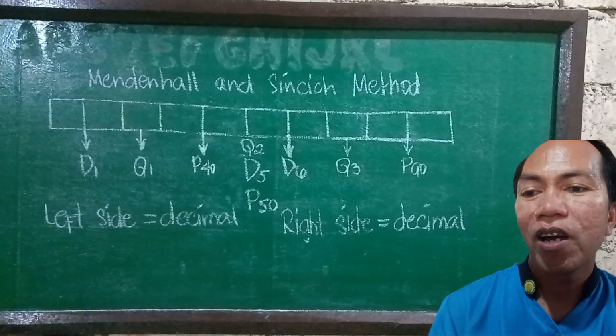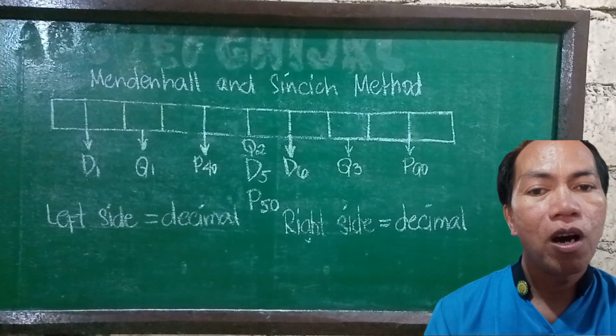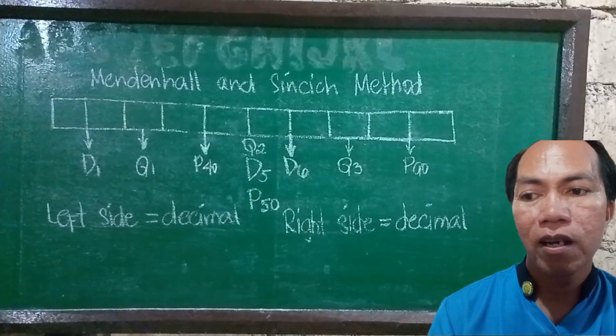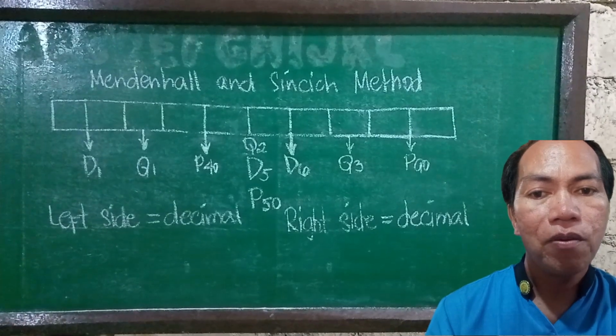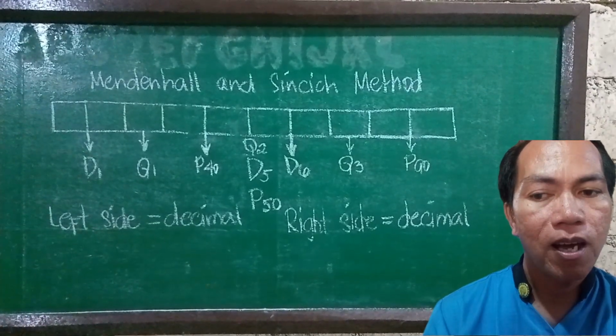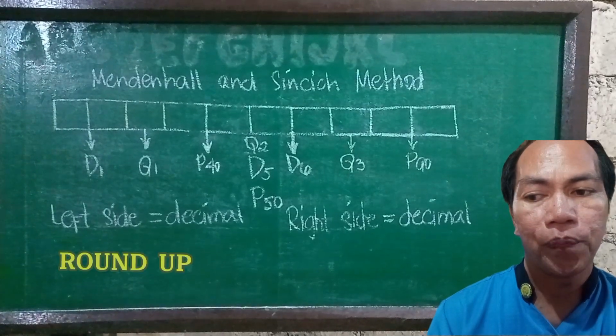Okay, again, when we are computing from the left side of the data for a measure of possession using Mendenhall and Sincich method, if the value is less than 50% and has a decimal in it, we round up the value.